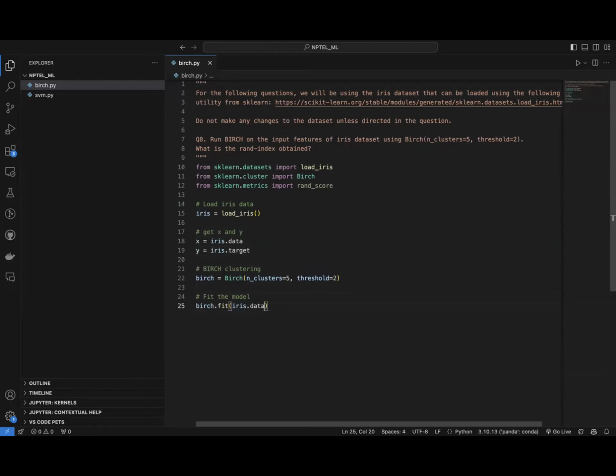Then you have to fit the model. That means you have to fit the model with the data. So now you just have to fit with X. Then you have to find the predicted cluster labels, so predict the clusters. Just predict X.